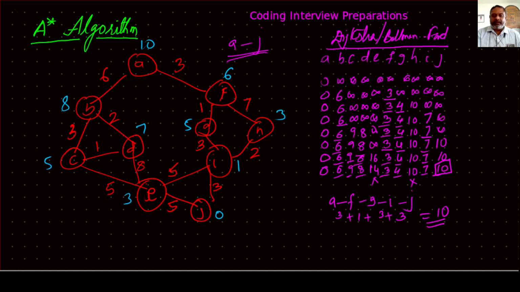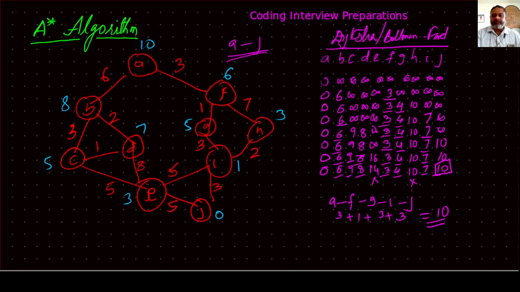Done. Then we realize that from the remaining, 6 is the smallest of 10, 7 and 6, so we get from B. From B we get C and D values 9 and 8 respectively, and then we realize that extending I is beneficial.